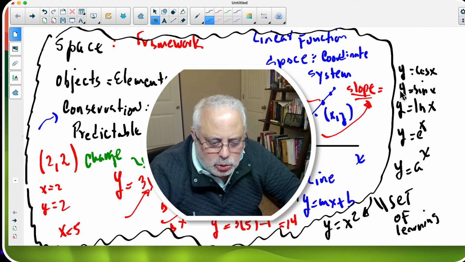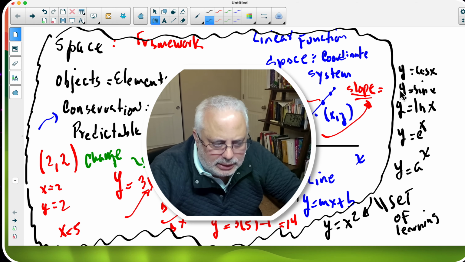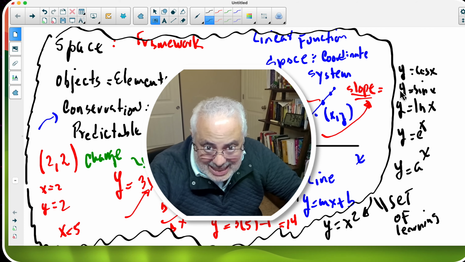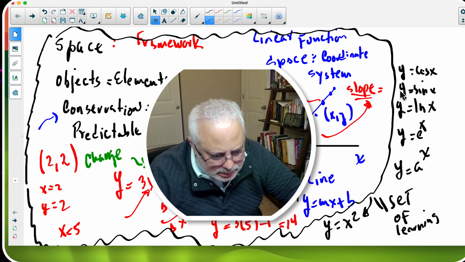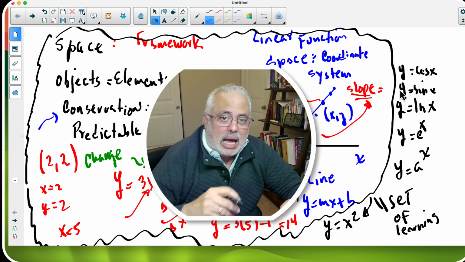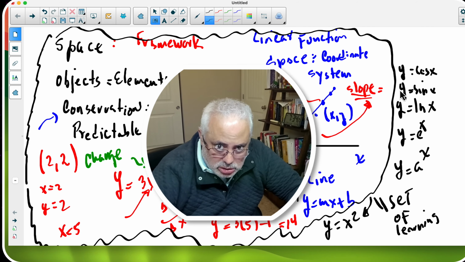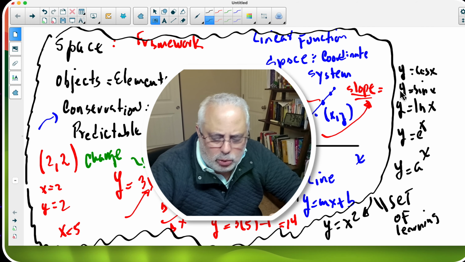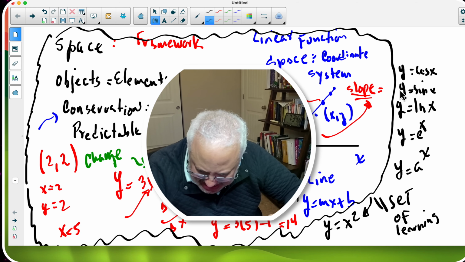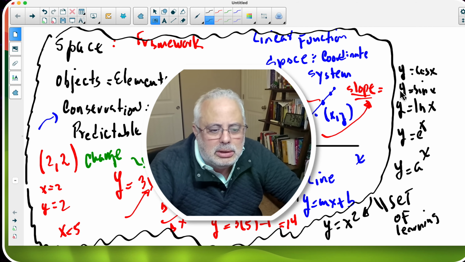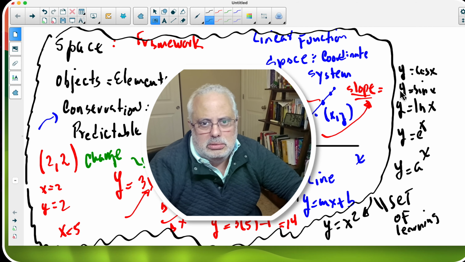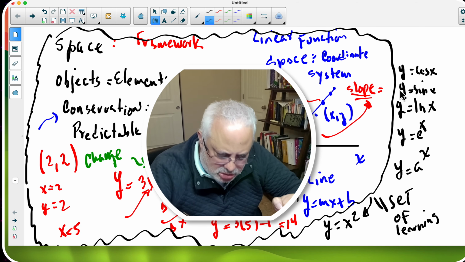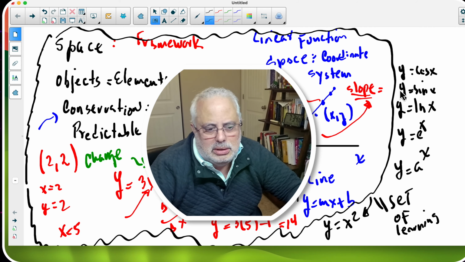So it's important to create a set of learning using a space, object, conservation, predictable, changing, and of course at the end, the application. And then you establish what I said, the connection between the sets of learning. When you establish the connection between the sets of learning, boom, the student has a strong foundation in mathematics.